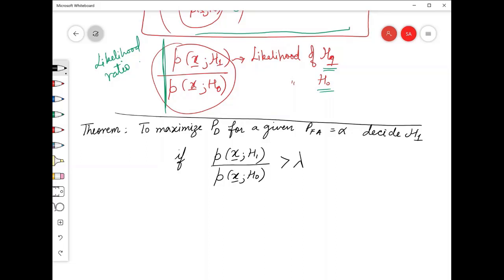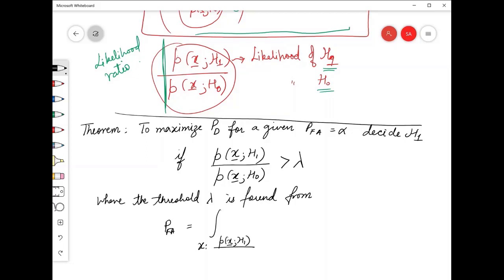I have taken a lambda where the threshold lambda is found from PFA equal to the integral over x such that the likelihood ratio is greater than lambda, you have to integrate over these points, of the probability of x given h0 times dx, equal to alpha.